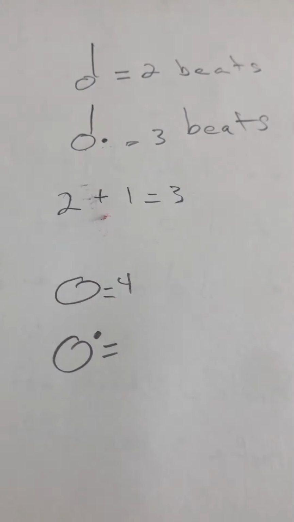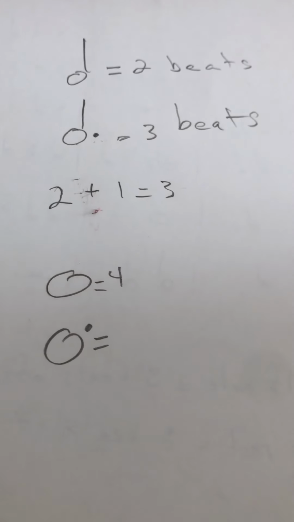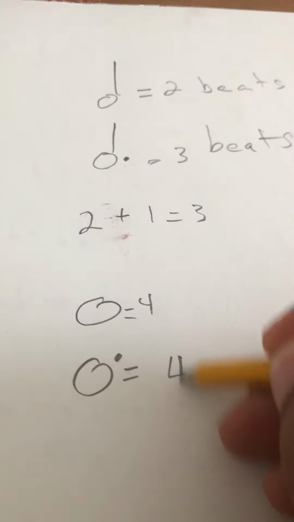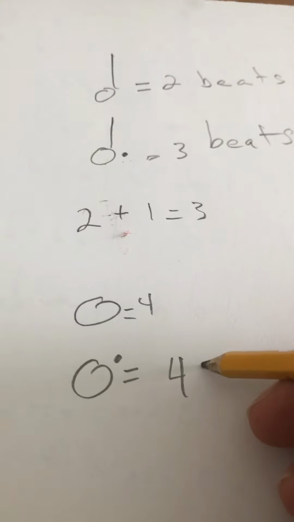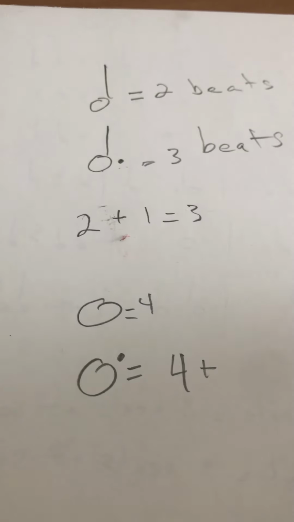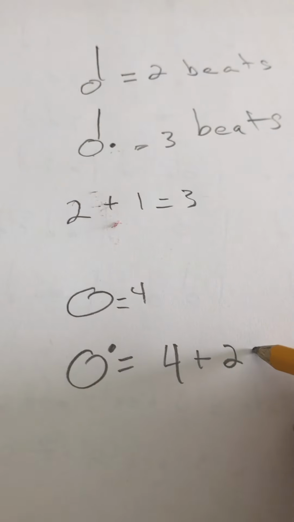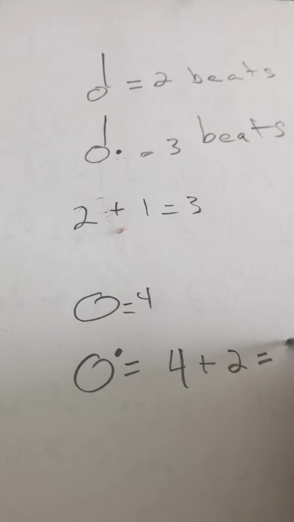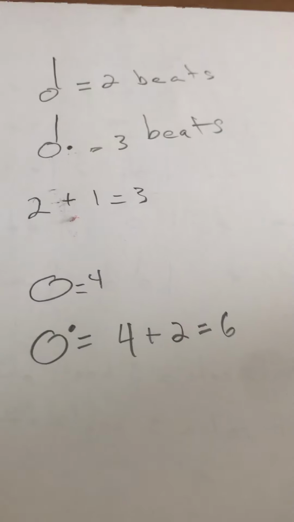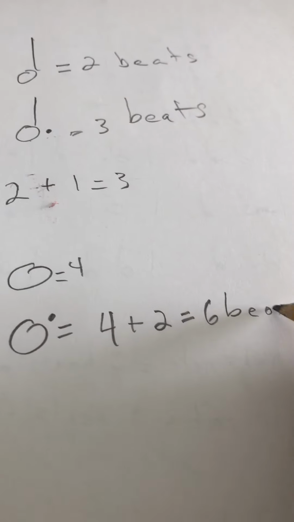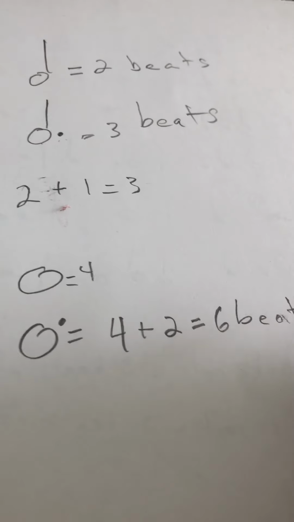You have that 4 plus an extra half of that whole note. What's half of 4? Half of 4 is 2, equaling 6 beats. So a dotted whole note would be worth 6 beats of sound.